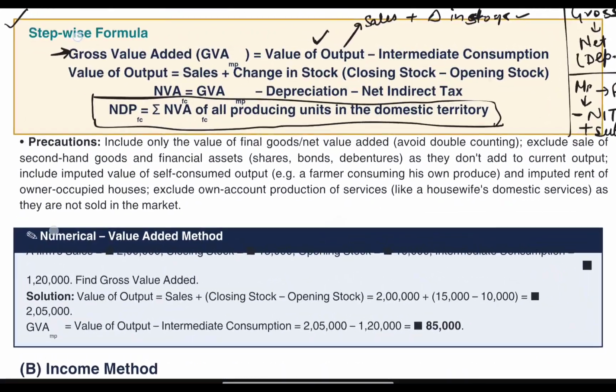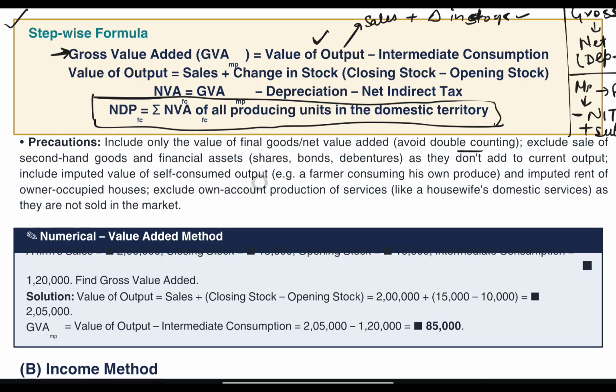What precautions do you have to take while calculating it? Only the value of final goods is to be taken. Why? To avoid double counting. Exclude the sale of second hand goods. Why? Because we have already counted that good when it was sold for the first time.